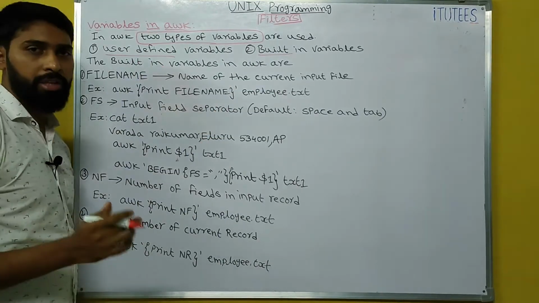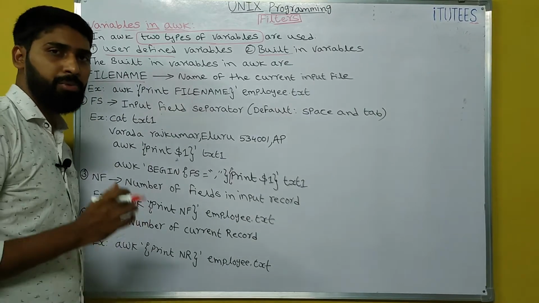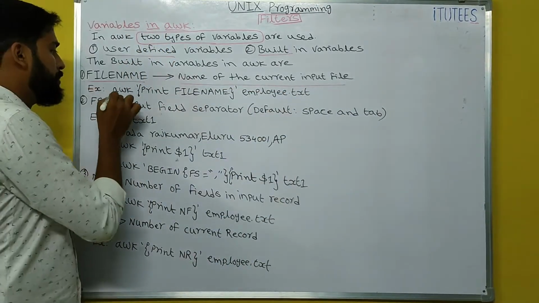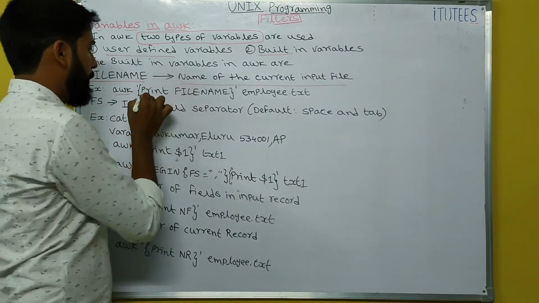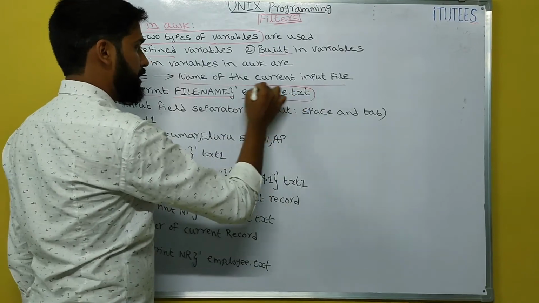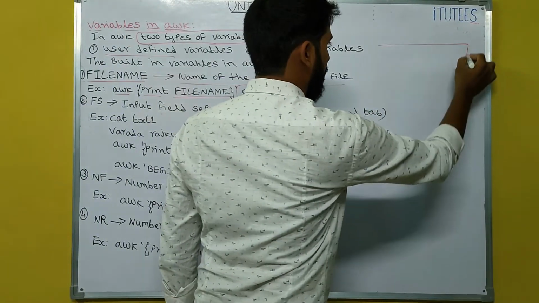The built-in variables in AWK are, one is FILENAME. The FILENAME variable holds the name of the current input file. Example: awk print FILENAME, and the input file name is employee.txt. Let us assume this is the employee.txt.